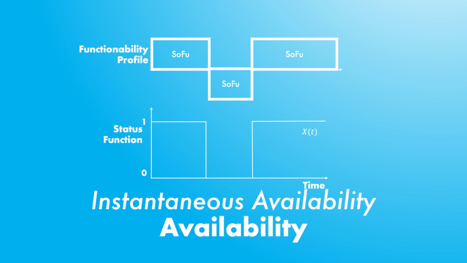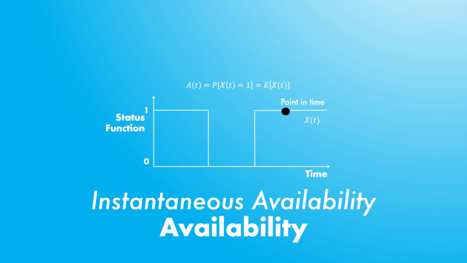This function is very important because it captures the functionability profile. The instantaneous availability at a specific time is represented by the probability that the status function at that time equals 1, or in other words, that the functionability profile at that time is in SOFU, which can be calculated by the expected value of the status function at that time.